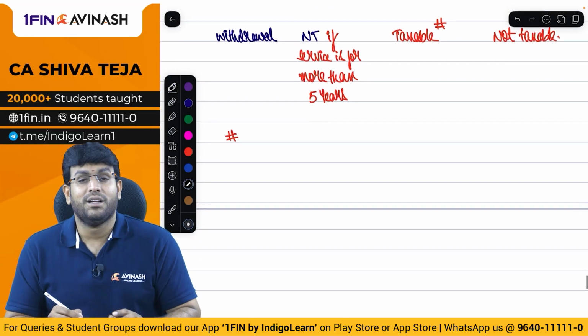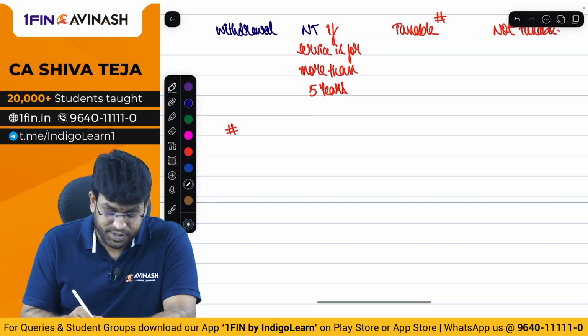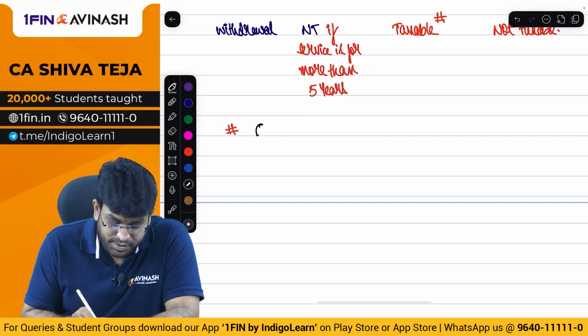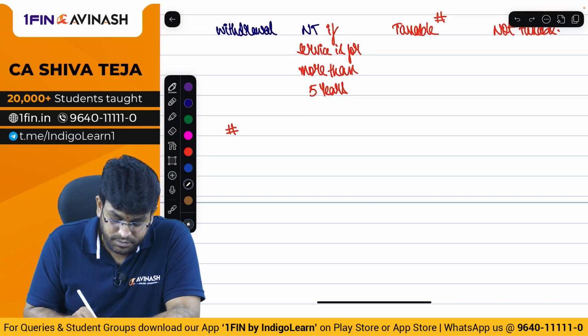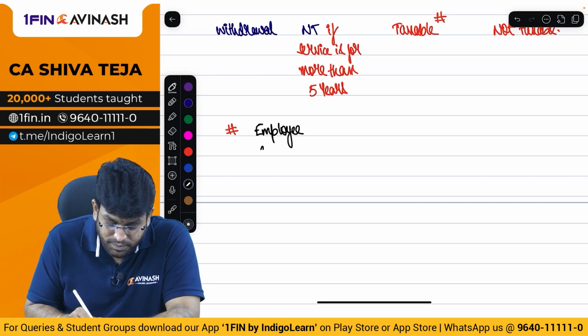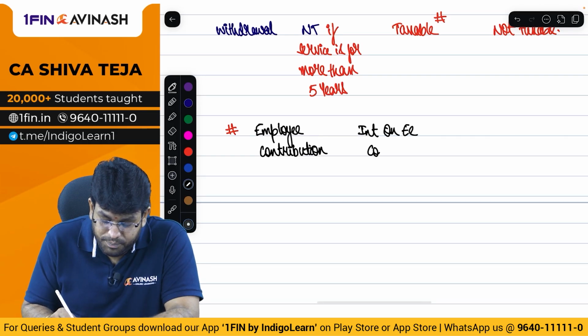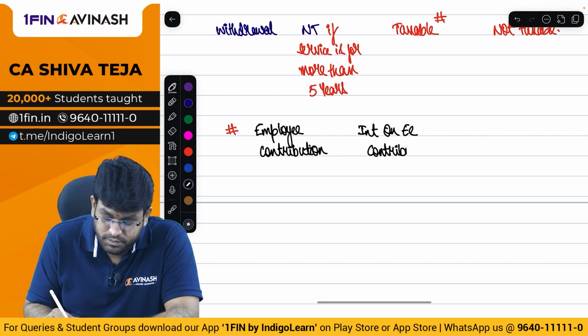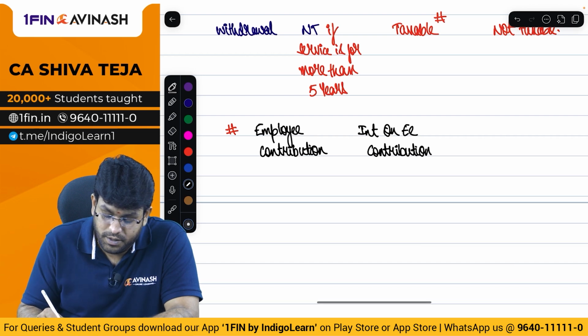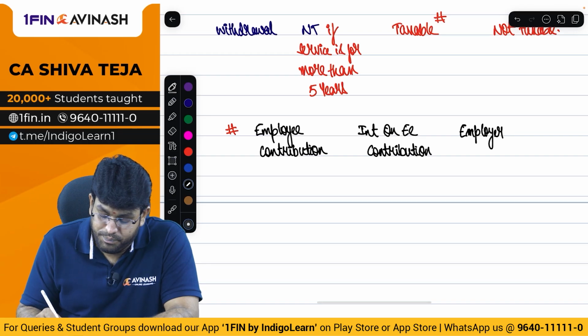So when you are withdrawing, there are 4 important components. That is, employee contribution, that is his own contribution. Interest on employee contribution. Next, employer contribution.